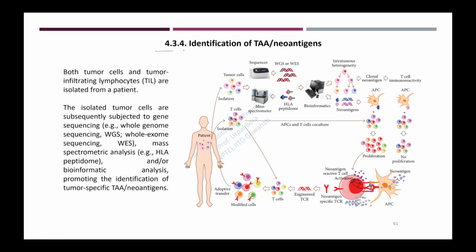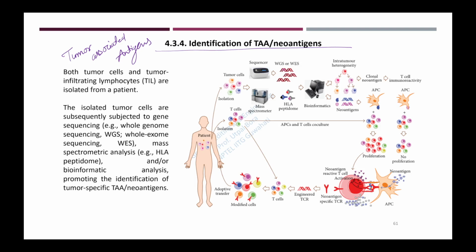So the further technologies also involve the identification of TAA, or tumor associated antigens, also called neoantigens. Okay, so neoantigens are those antigens that arise when a particular cell transforms into a cancerous cell.